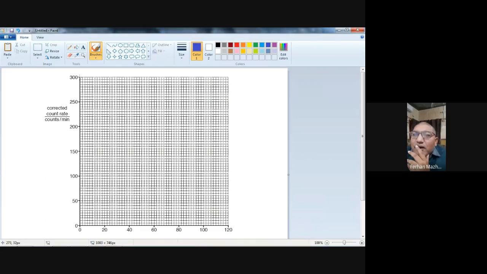The first point is that when the time is 0, the reading is 300. So mark a point here at 300. After 40 minutes, the reading will halve, and it will become how much? 150. This is the point. Let me draw a cross here.